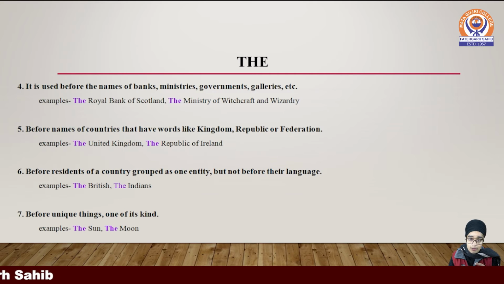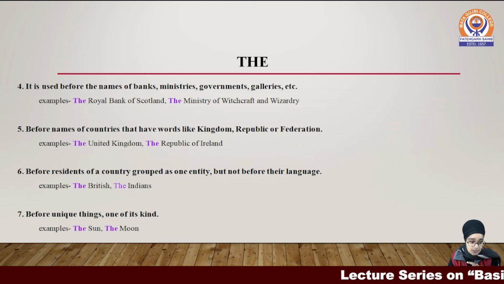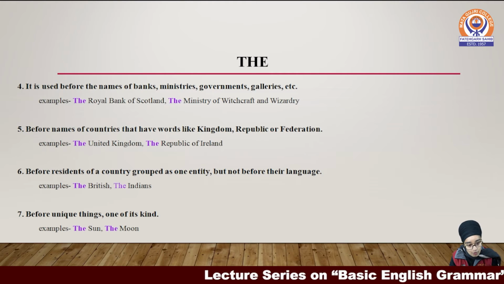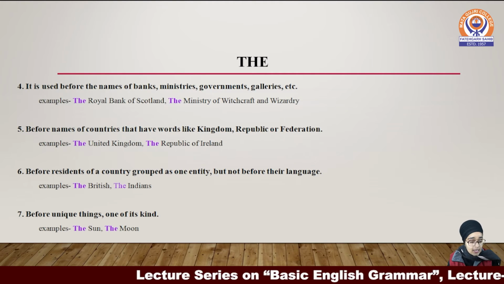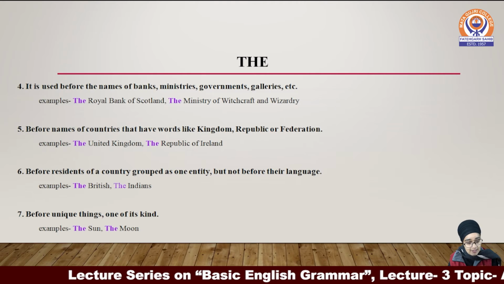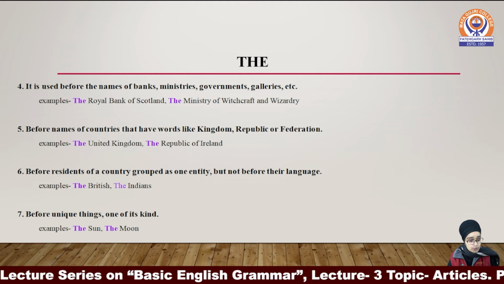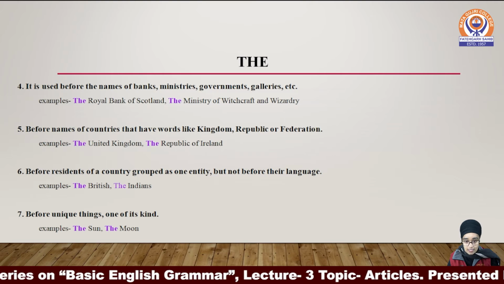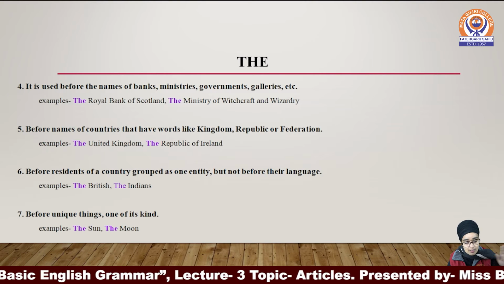But if I am talking about people in particular, the French people do this, the British do this, the Indians have a lot of variety in their culture. So being specific about a group of people, residents of a country grouped as one entity, I will use the article the.